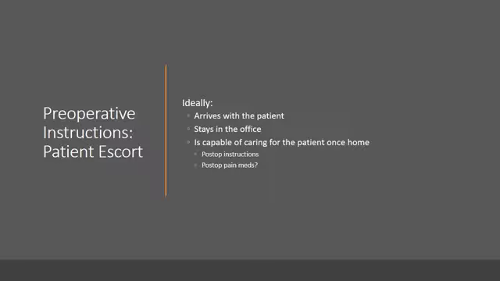So I really like to reinforce with my parents and escort that, hey, listen, you've got to stay in the office while the sedation's going on. That way you're available if something should happen. And you need to confirm with them that, look, are you going to be capable of caring for the patient once they get home? The escort needs to be able to understand and follow all the post-op instructions, including being able to understand how to give the post-operative pain medications.